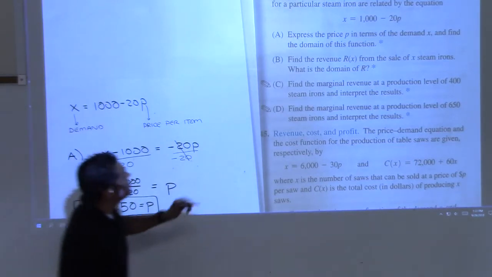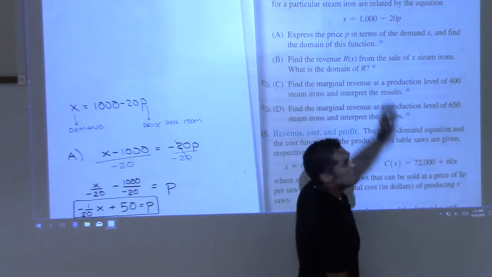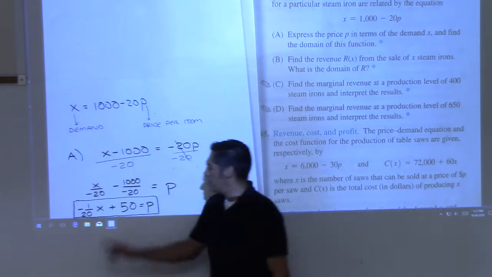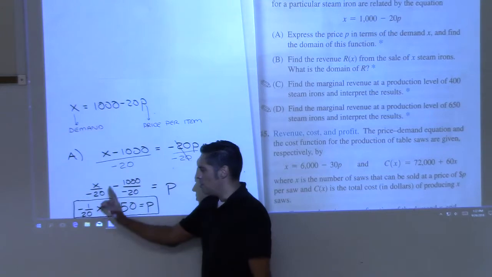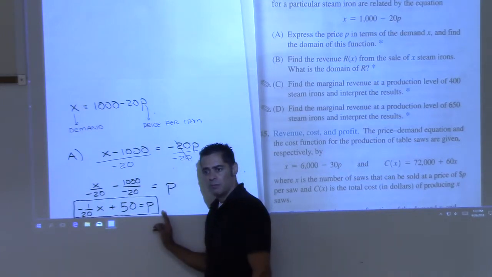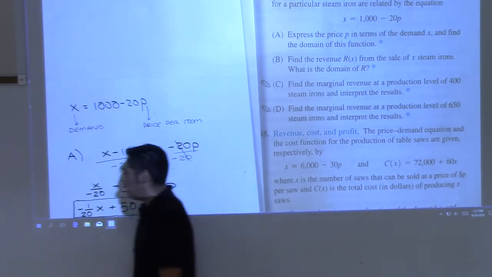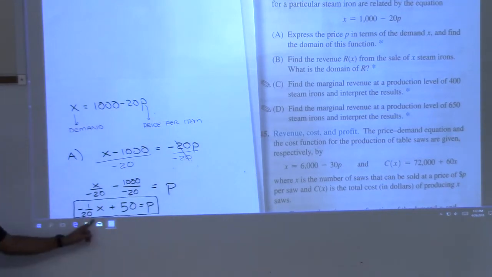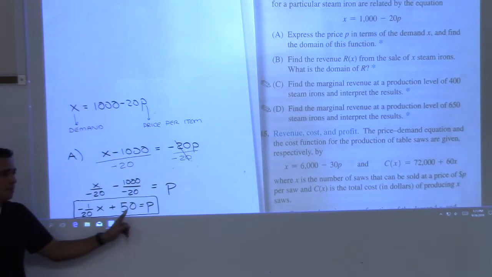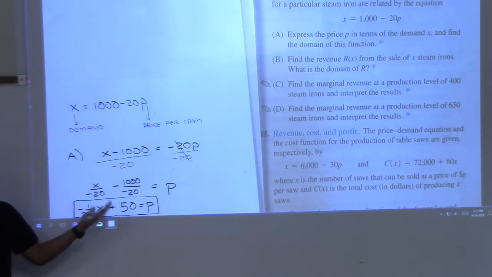Have we expressed the price in terms of the demand? You give me demand, I give you price. So if the demand is 0, nobody wants my stuff, I'm going to set my price at 50. That's what the model says.